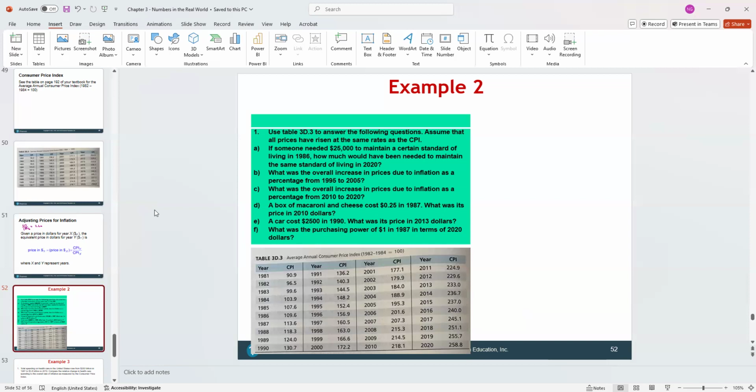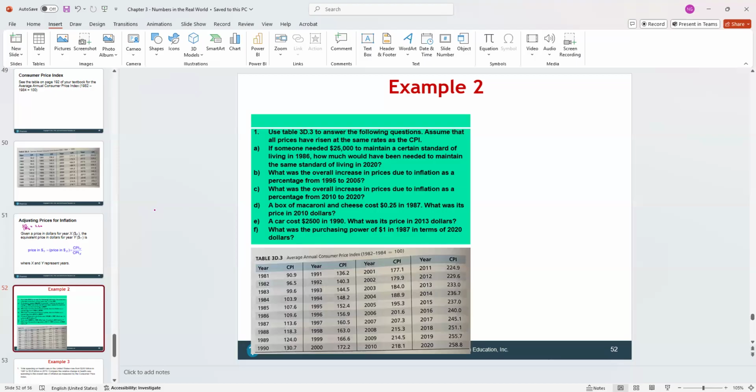So remember, in this case, like we did with the example of 2015 when you do the adjustment, you need to divide the 2020 CPI by the 1986 CPI.